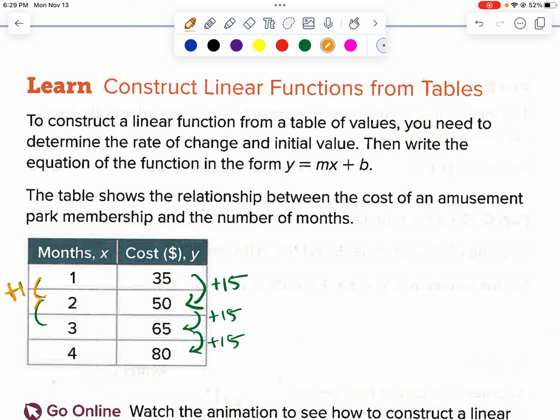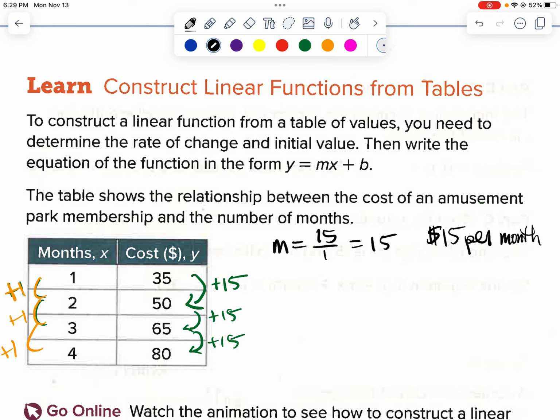Went up 1, went up 1, went up 1. So if we look at that, the slope is 15 over 1, which is 15. What does that 15 mean? It means $15 per month.